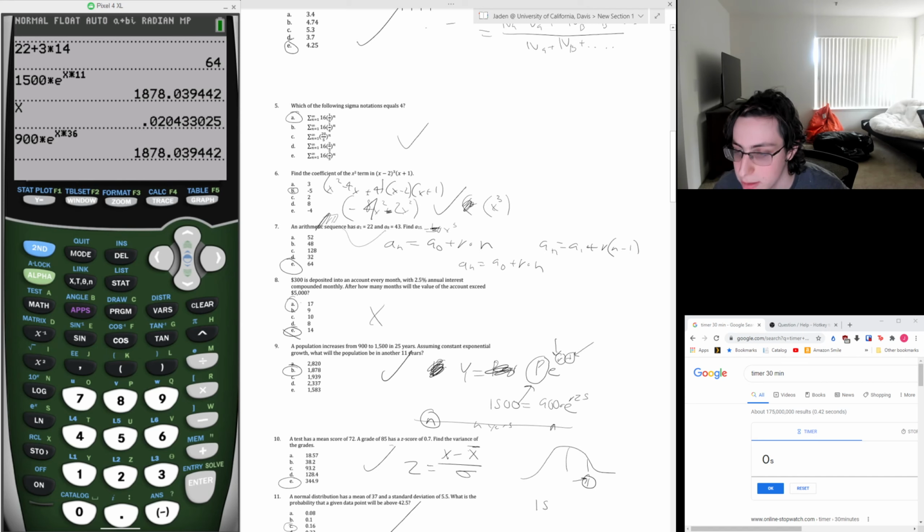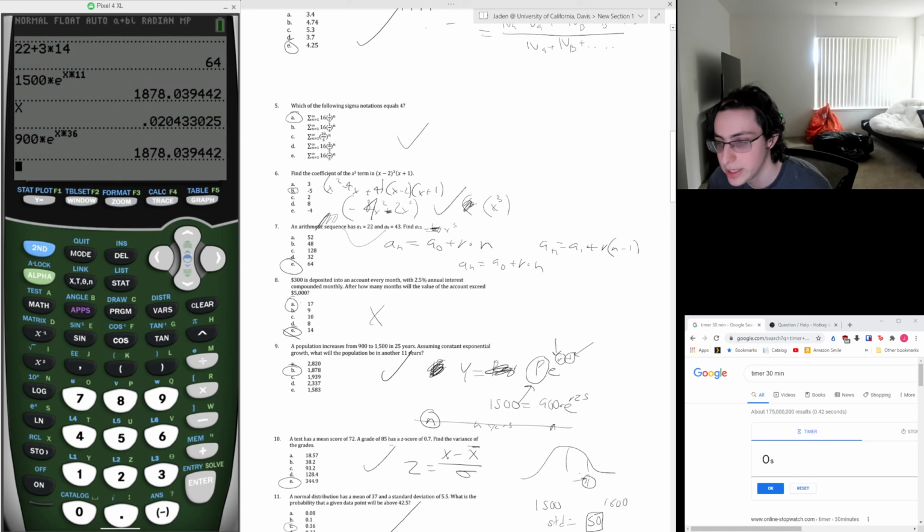If you have a mean of 1500 and a standard deviation of, let's say, 50, then a point at 1600 is going to have a z-score of 2, which means it's 2 standard deviations positive of the mean. You can also have negative z-scores. If something has a z-score of negative 3, that means it's 3 standard deviations to the left of the mean, or less than the mean.